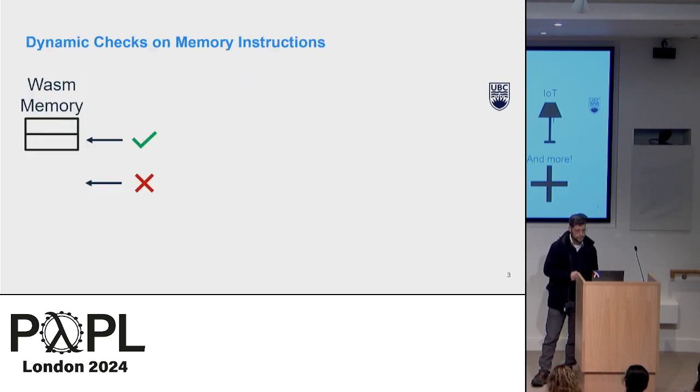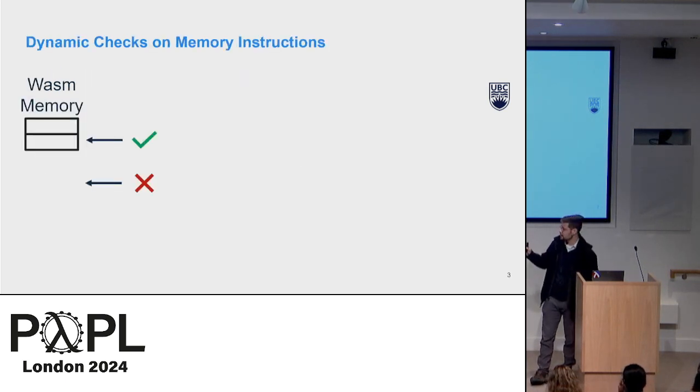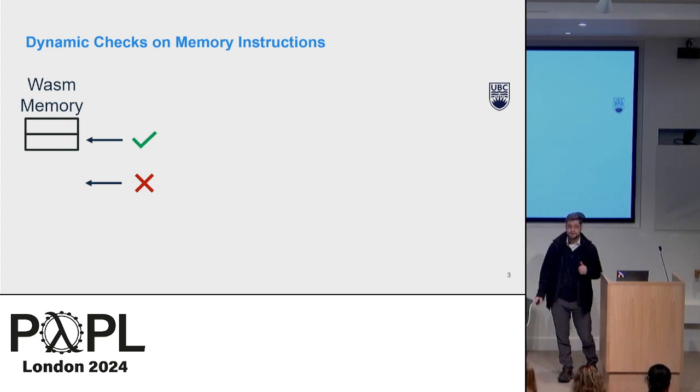Now, one thing about Wasm is it has dynamic checks on certain instructions. This is one on memory. Memory in Wasm is basically a linear region. Think of it as a giant array. So any access to memory within that array is good, but any other access is not good.